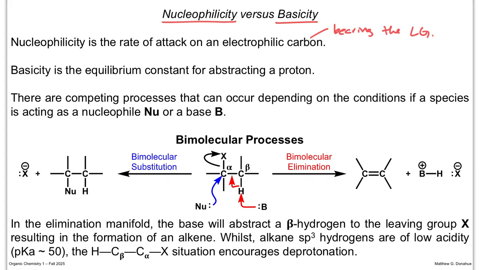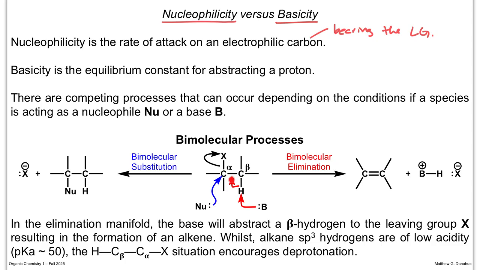So nucleophilicity is typically going to lead to substitution, and then the basicity is going to lead to elimination. The numbers 2 and 1 refer to the kinetics, whether it's bimolecular or unimolecular. So just like with the unimolecular things for substitution, the E1 mechanism forms a carbocation, and then those can undergo rearrangement because they're longer-lived intermediates.